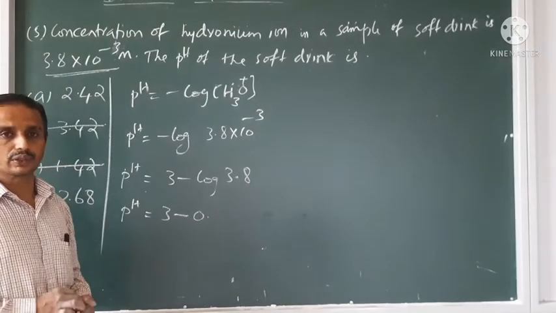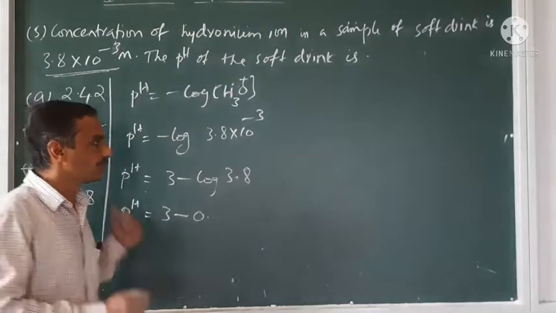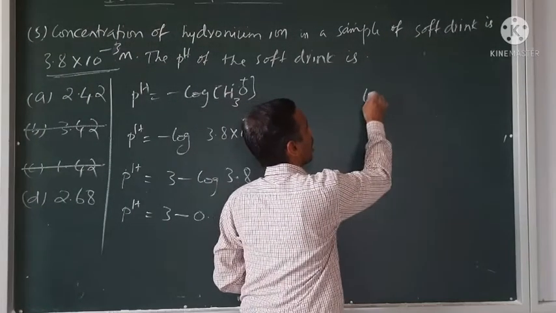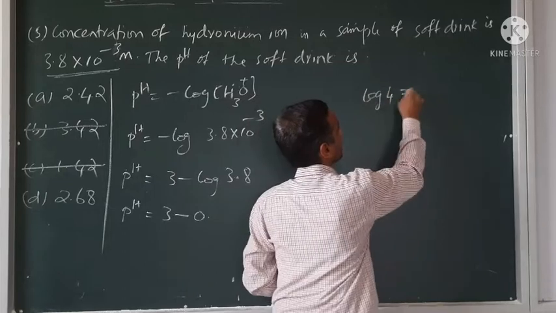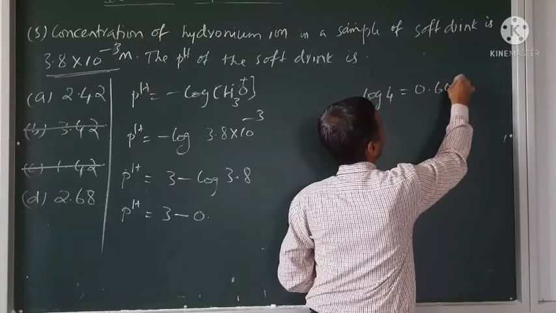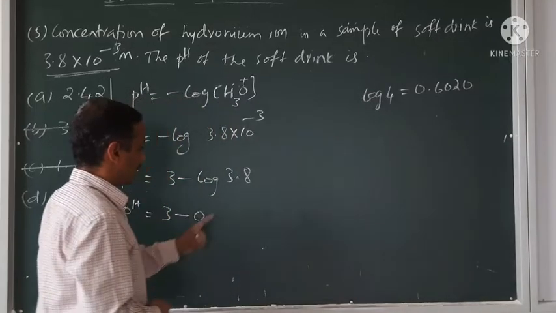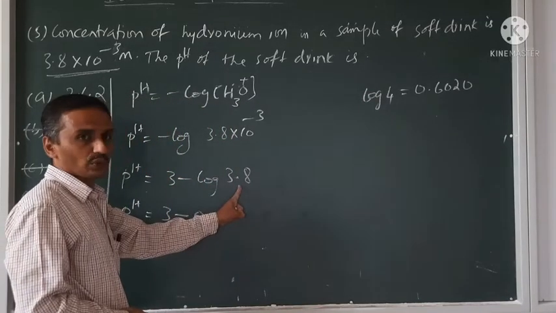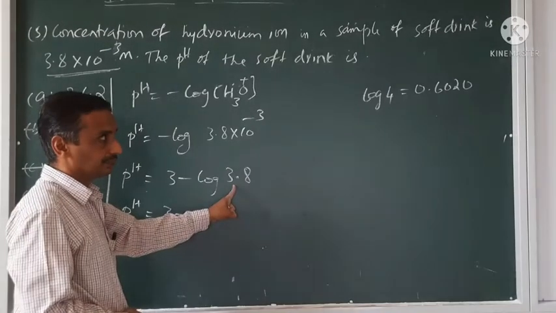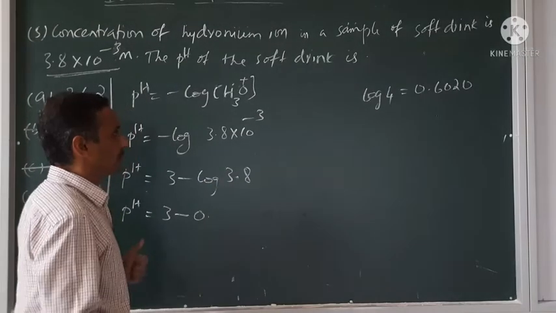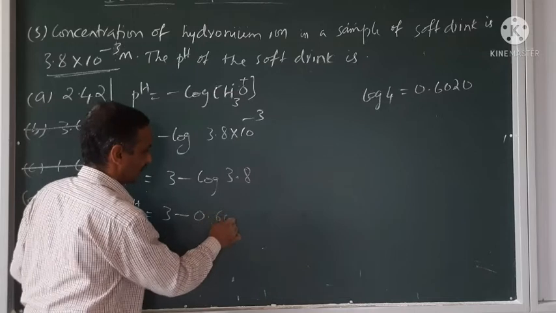And again, you write down the logarithm book. Now see, log of 4 is 0.6020, and my answer is very near to 4, since it is 3.8.